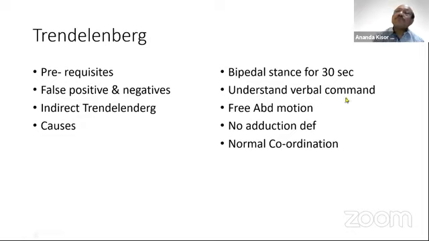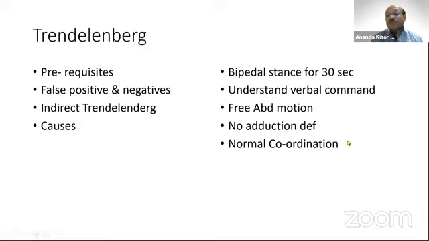But at the same time, there should not be any adduction deformity, because in adduction deformity the pelvis is always higher up. So on the affected side, if there is adduction deformity, there is no abduction, so it will not allow the pelvis to go up on the unsupported side. So free abduction and no adduction deformity is a must for producing a normal Trendelenburg test.